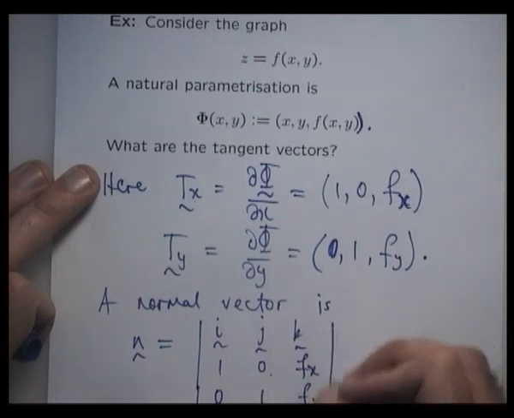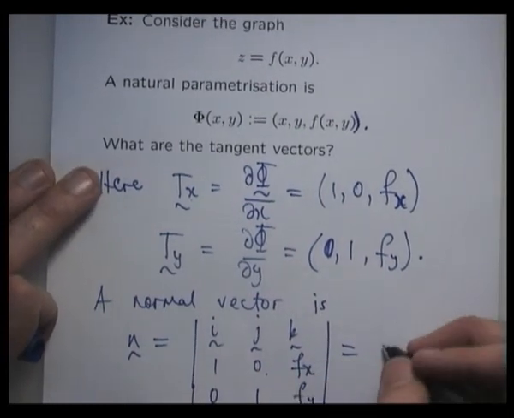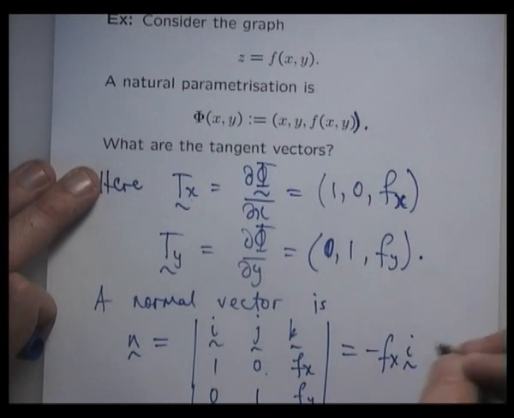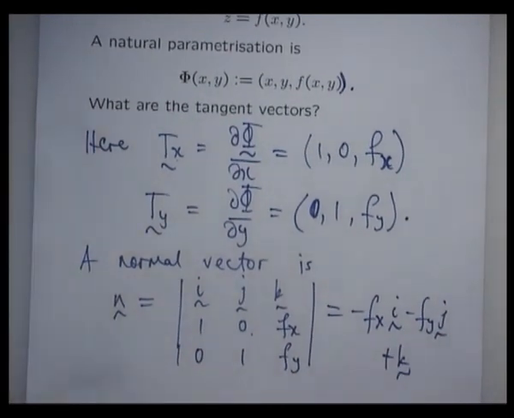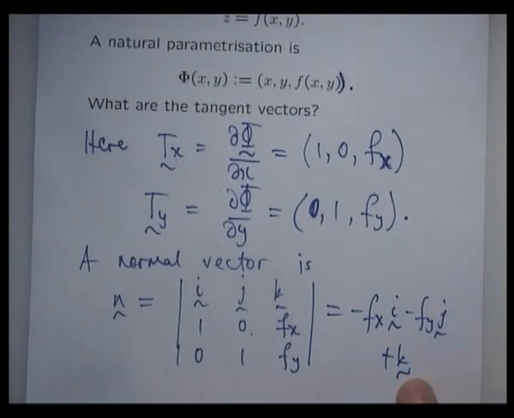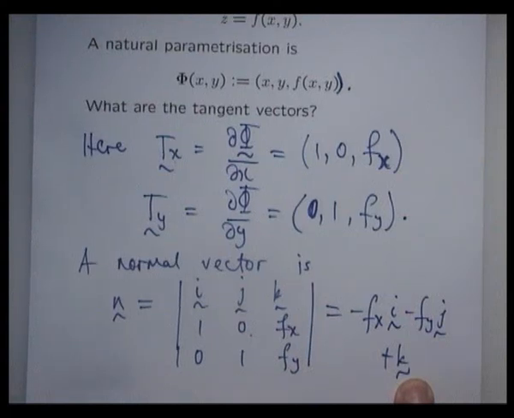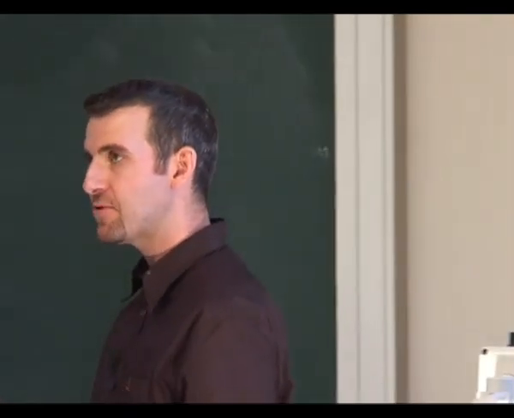If you expand that, I'm not going to expand it now, you get something like this. And that's what we call an upward pointing normal, upward pointing because it's got a positive k component. So that's a little bit about parameterized surfaces.